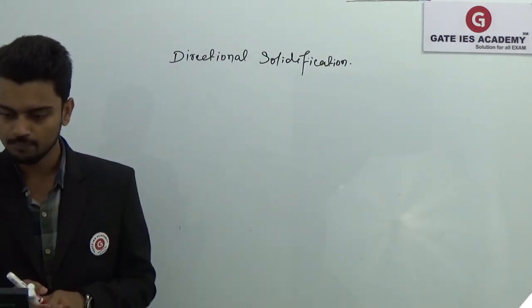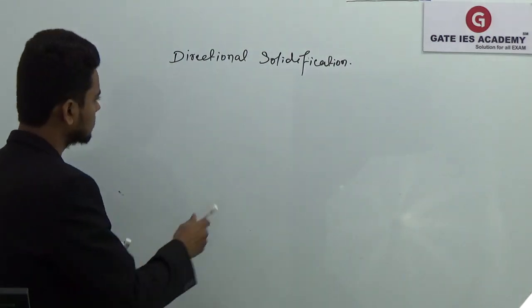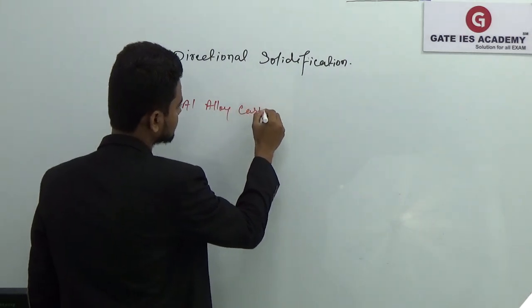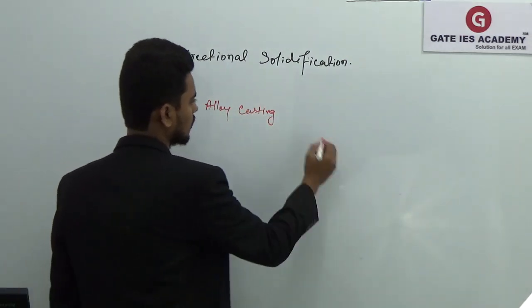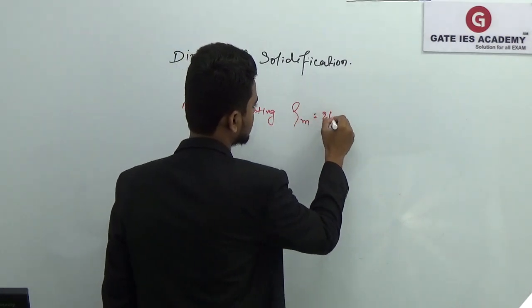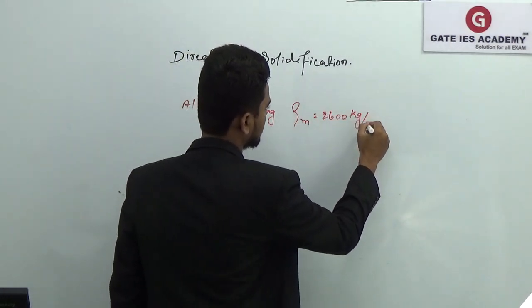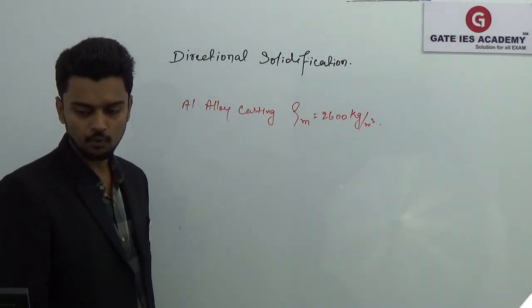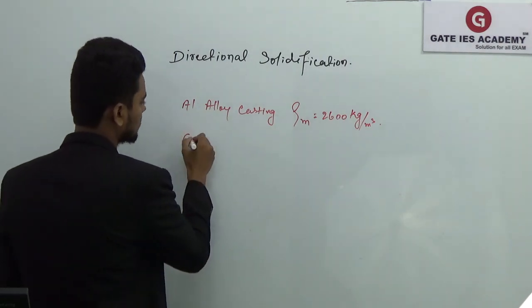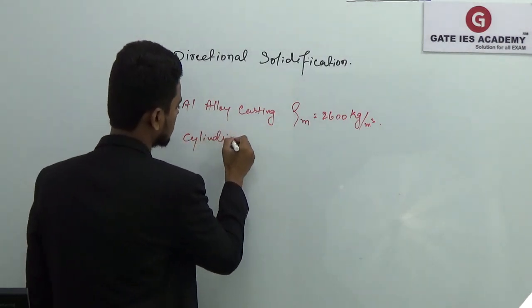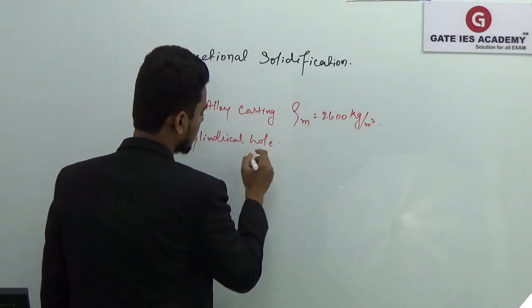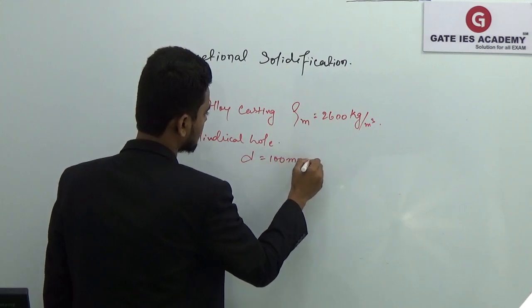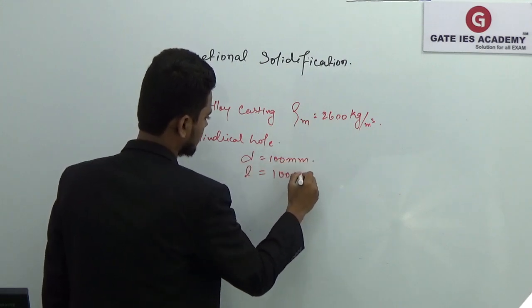So rho m is 2600 kg per meter cube, and in that casting we have to make a cylindrical hole of diameter 100 mm and length 100 mm.